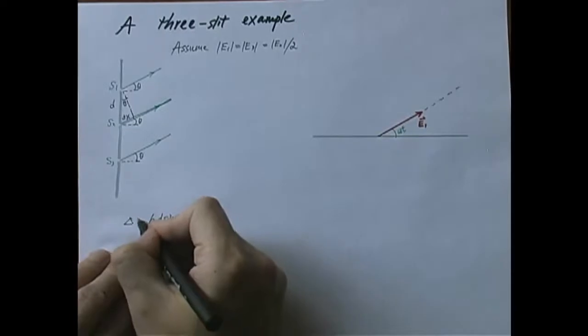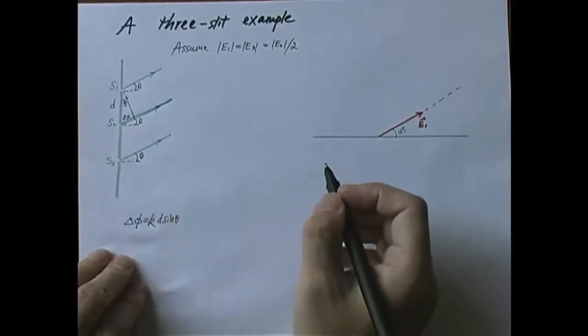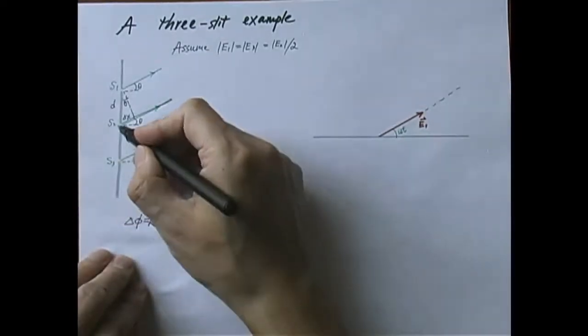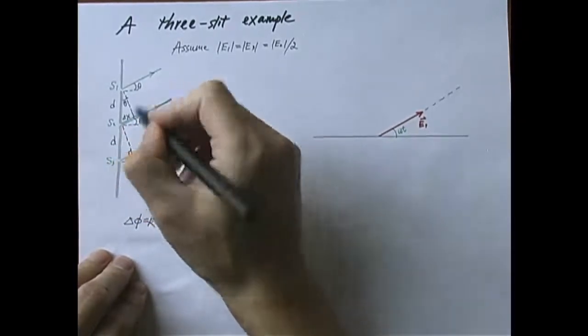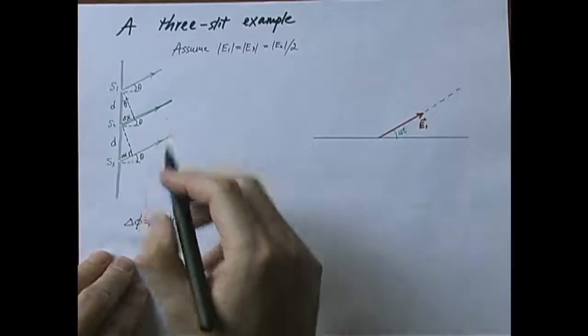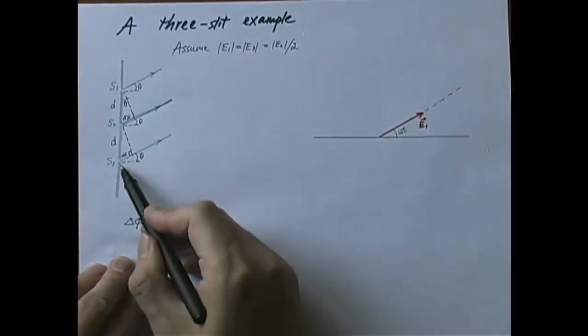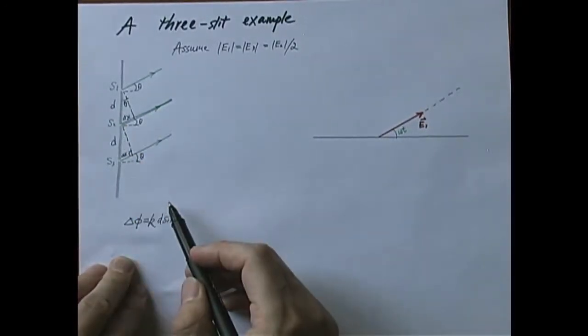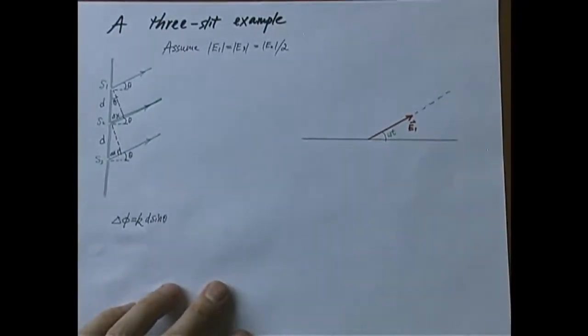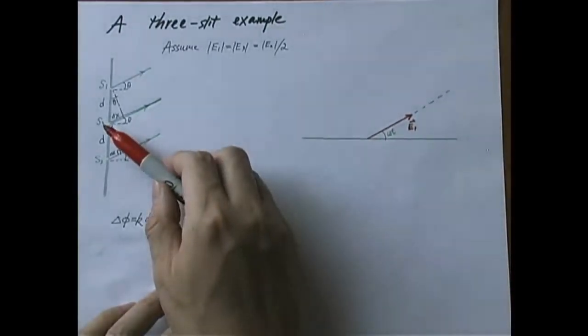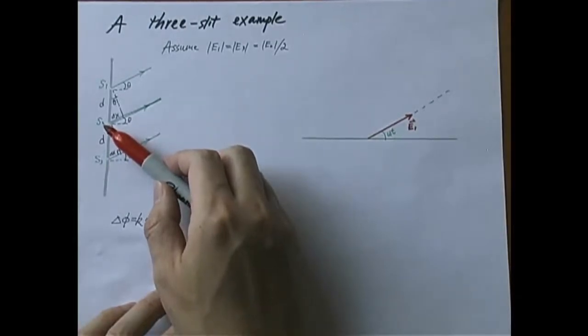That's delta phi. The same phase difference exists between S2 and S3, because that's the same distance d. So this is also the same delta x. So again S3 is ahead of S2 by a phase angle of k d sine theta. All right, so how do I draw the second phasor representing the electric field coming from S2?